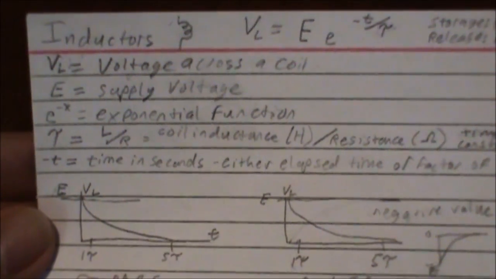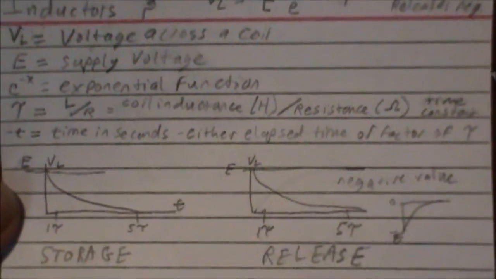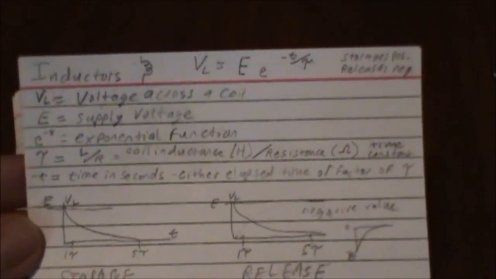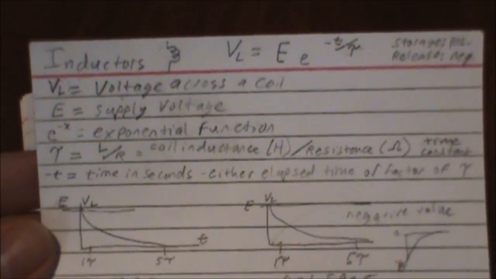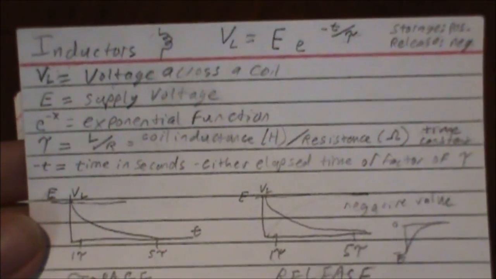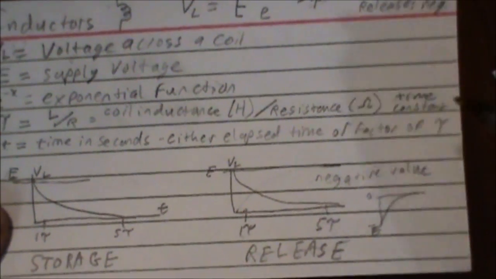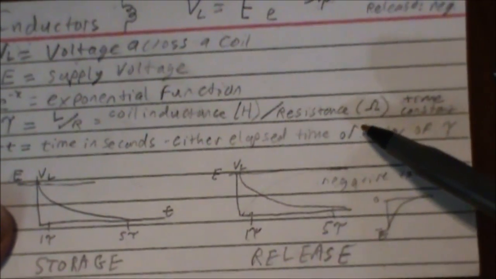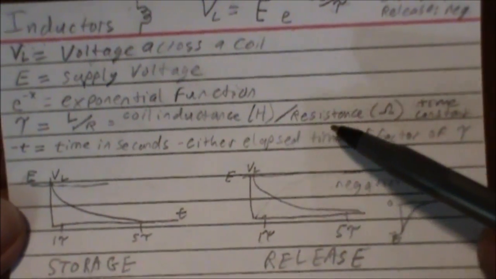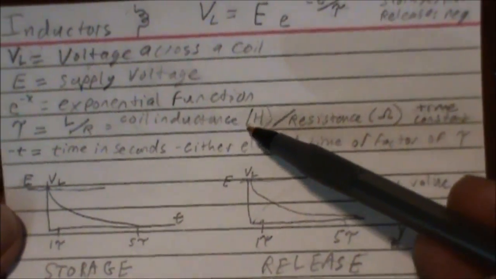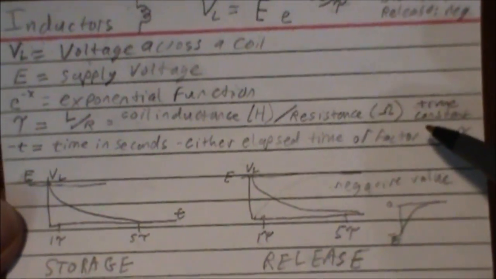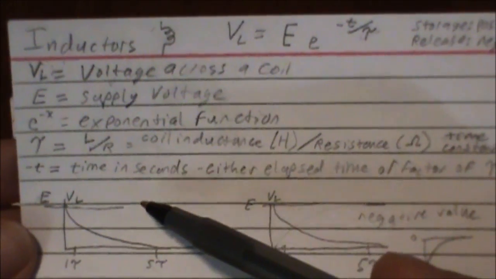Let's say there was an additional 10 ohm resistor in your circuit, which is what we start with when learning about inductors. So your Henries over your ohms gives you your tau.